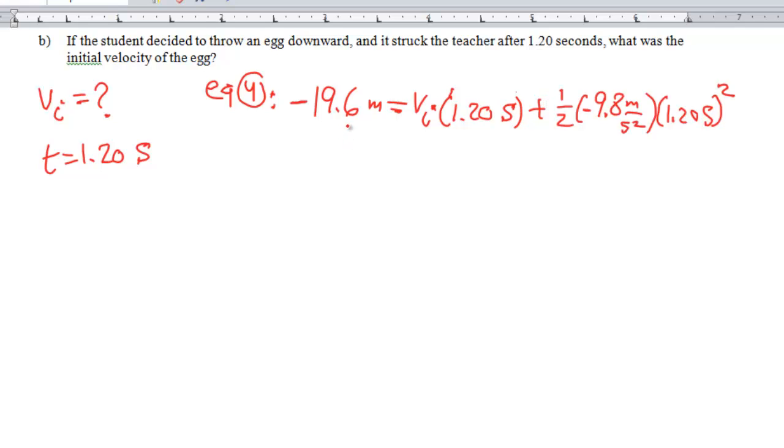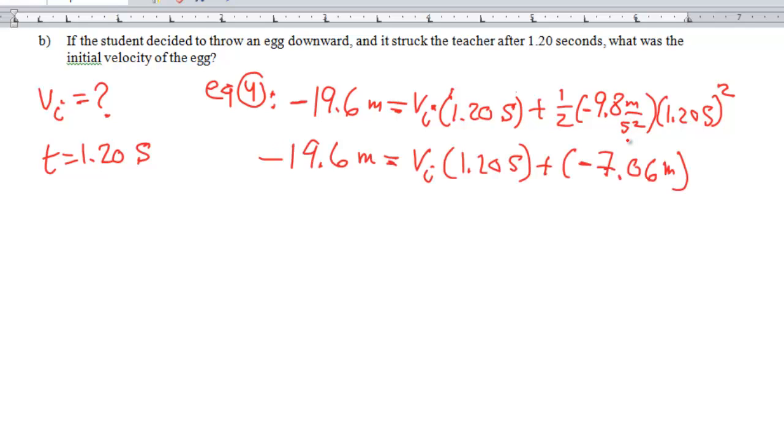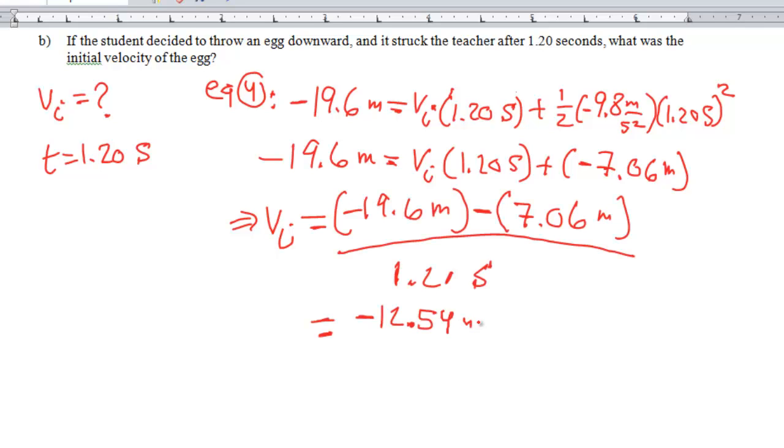Okay, if we go ahead and solve for V initial, this will yield, second squared will cancel out with second squared, you get negative 7.06 meter. Now solving for V initial, negative 12.54 meter divided by 1.2 seconds, and this will yield negative 10.54.